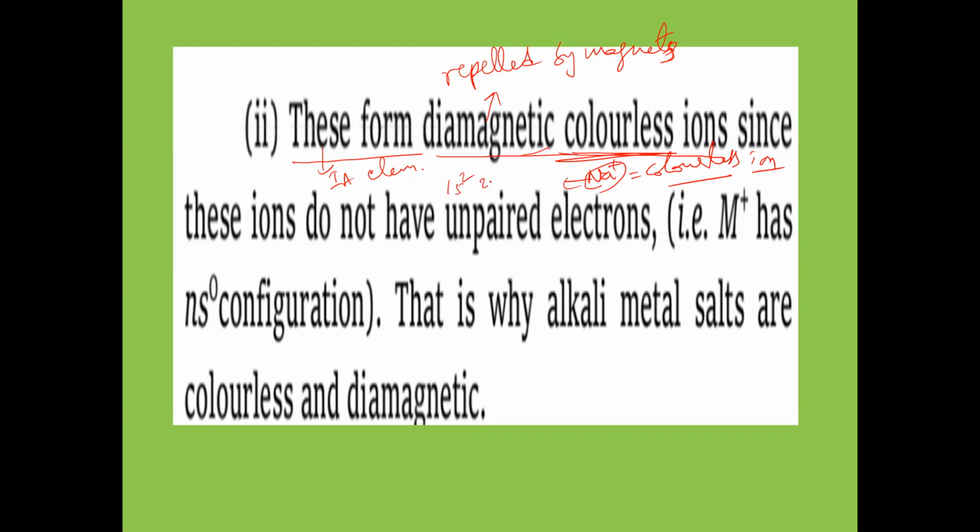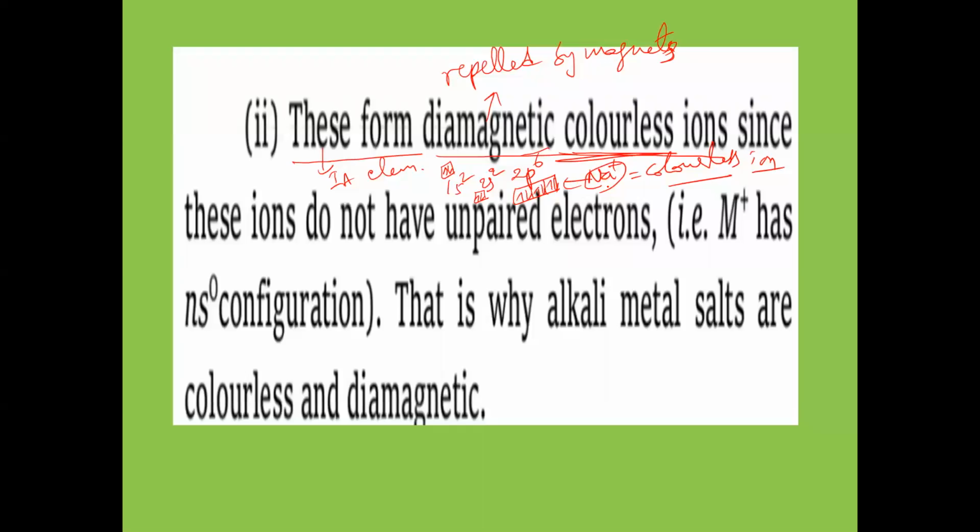1s2, 2s2, 2p6. Here 1s2 means one box. How many electrons does one box contain? 2 electrons, paired. And 2s2 is also one box with 2 electrons paired. Here 2p6 has how many boxes? 3 boxes, with 6 electrons: 1, 2, 3, 4, 5, 6. All electrons are paired.